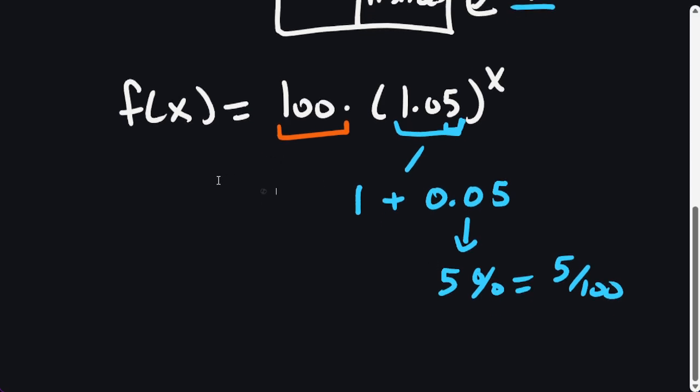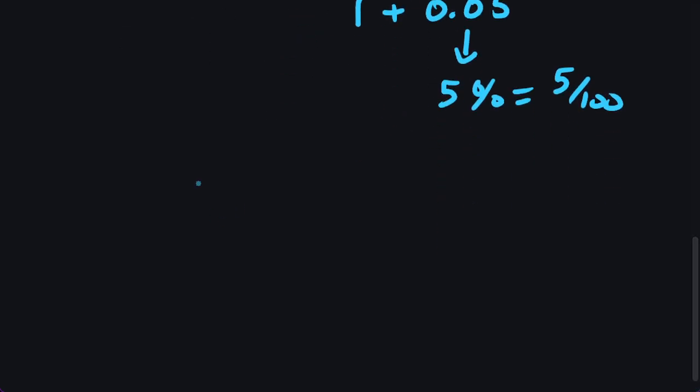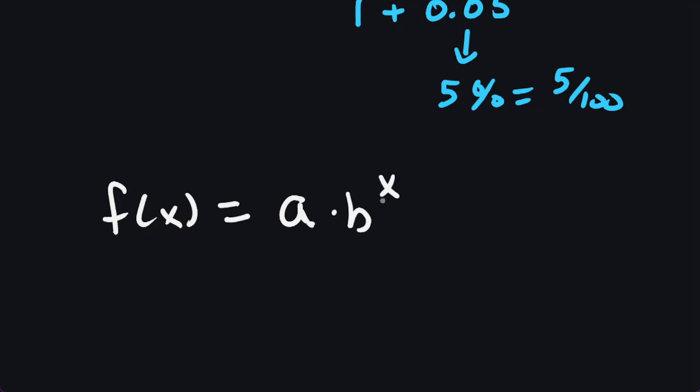So you'll notice exponential functions, all of them have this form. So the general form of exponential functions, f of x equals a times b to the power of x.